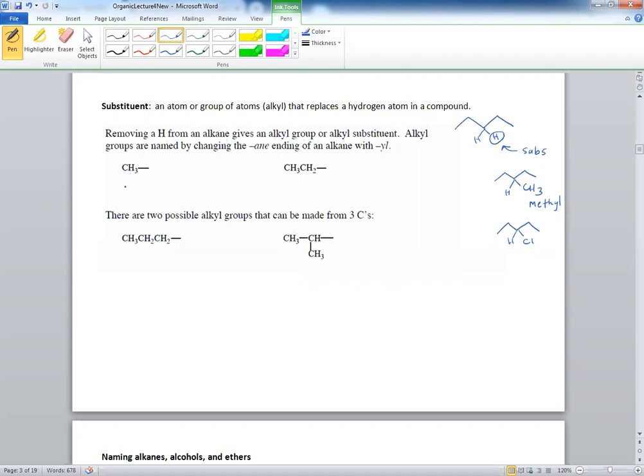So compare this with CH4. What we removed is one of the H's, so it looked like this pretty much. And imagine we now take off this H and attach it onto, let's say, a bigger alkane.